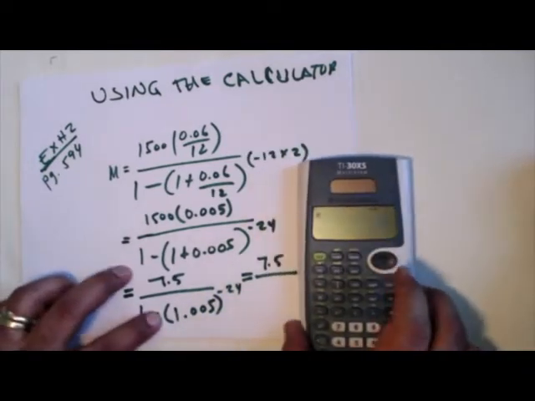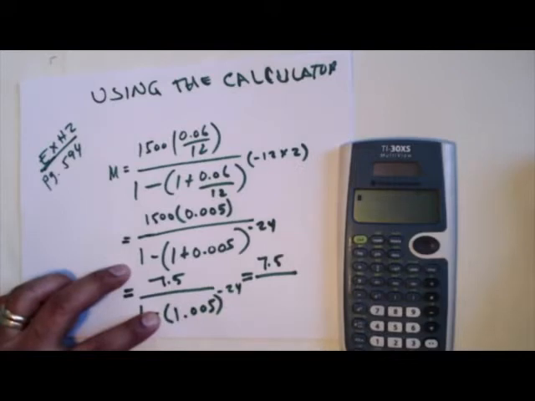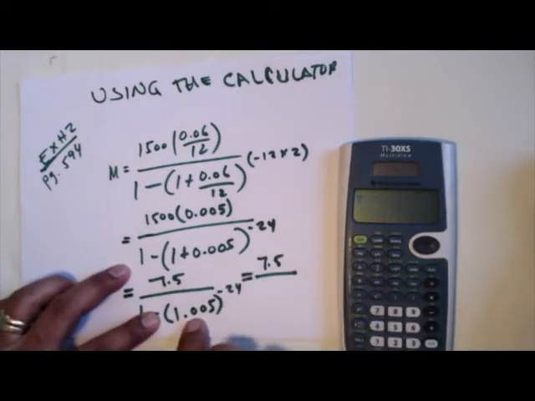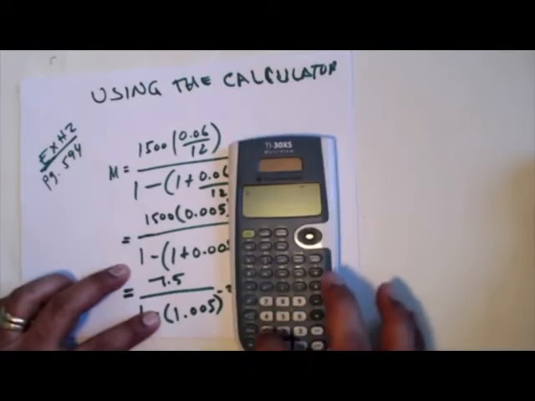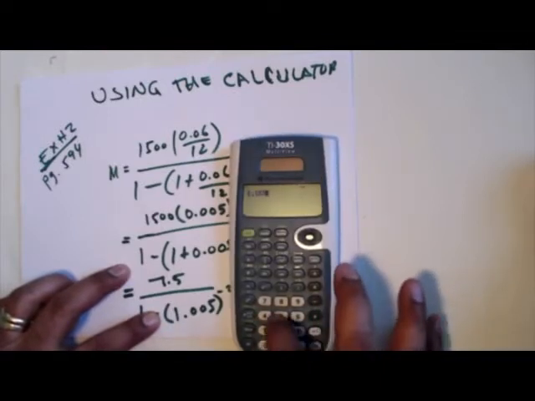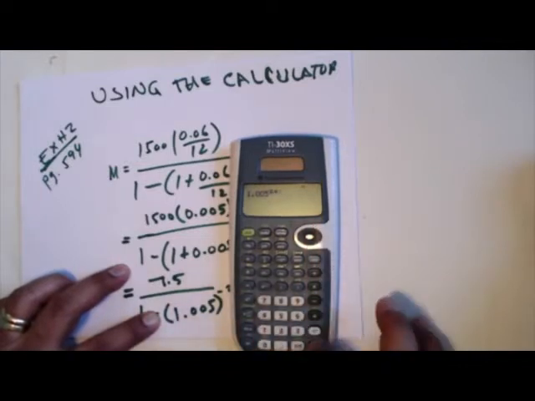If you remember, when you have a quantity raised to a negative number, basically it is the same as 1 divided by the quantity. So we put 1.005 raised to the 24th power, enter.